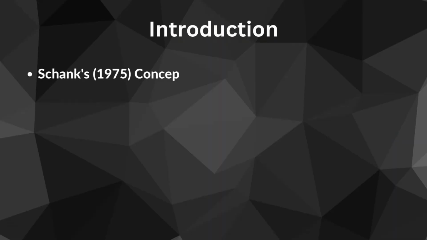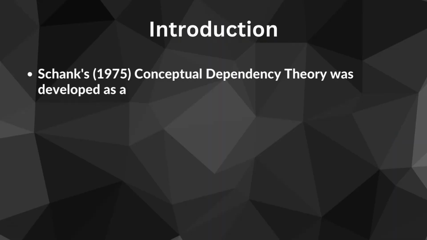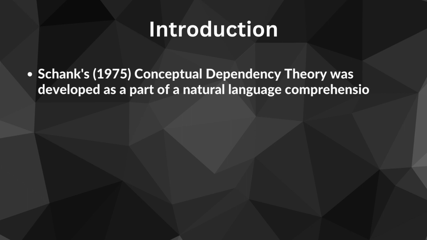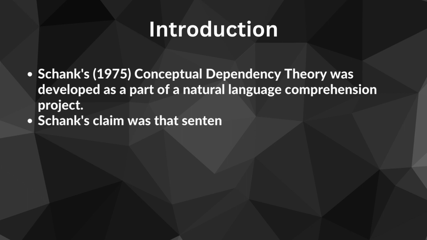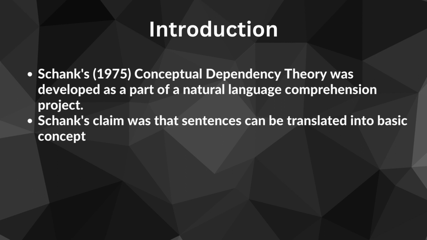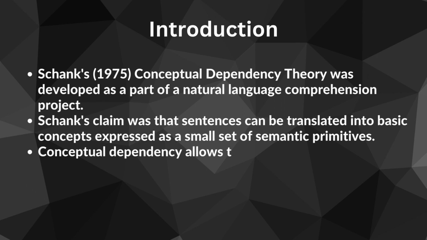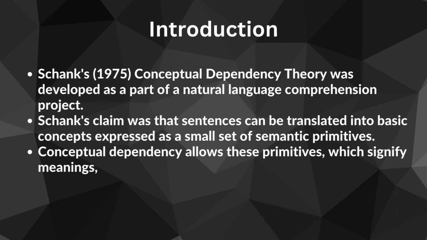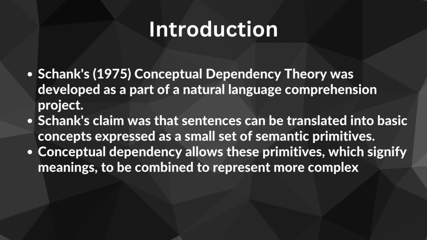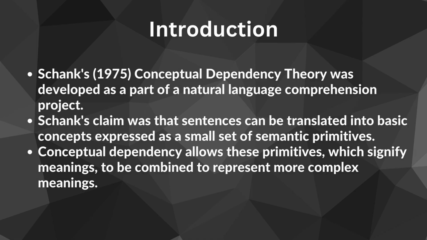Schank's conceptual dependency theory emerged in 1975 within a natural language processing project. Schank proposed that sentences could be distilled into fundamental concepts represented by a concise set of semantic primitives.